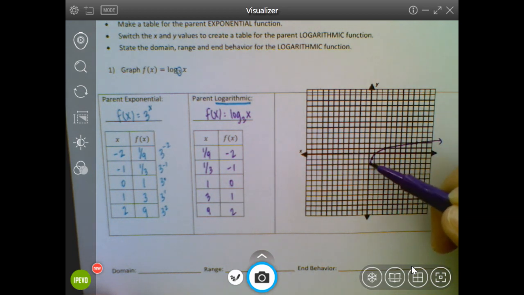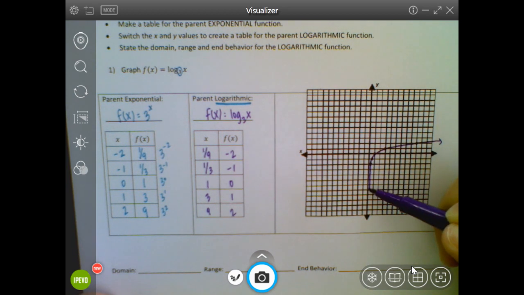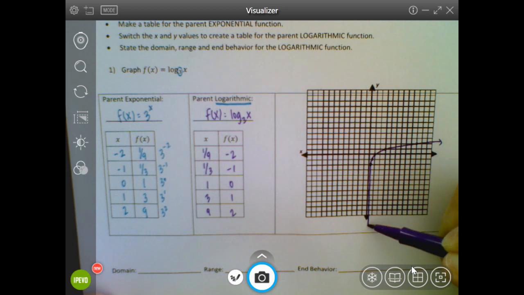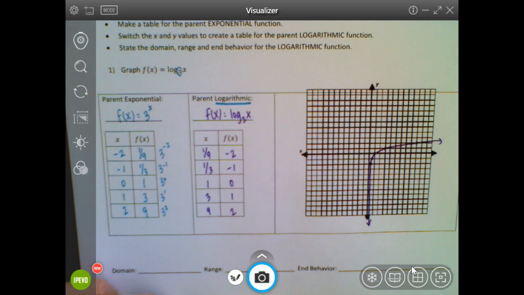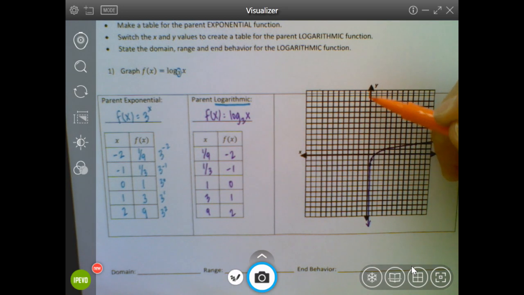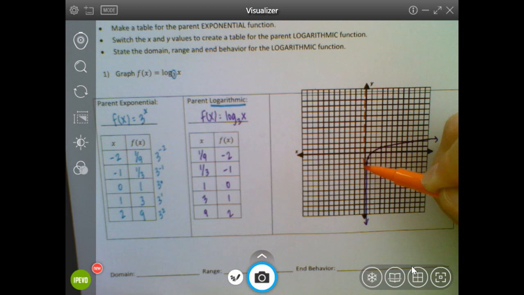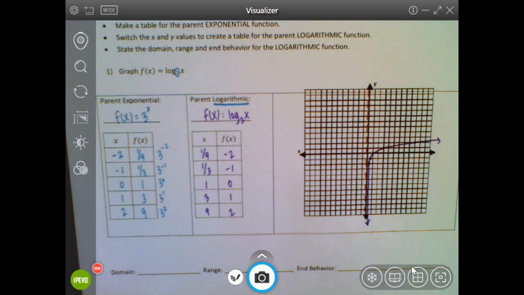I'm seeing that this first dot that I graphed is pretty close to the y-axis. I'm going to continue my graph down, and I'm going to be very careful to not actually hit that. And sometimes you'll see the asymptote dotted in. So I'm going to dot in an asymptote here just to show that my line is going to come really close, but it's never going to touch.